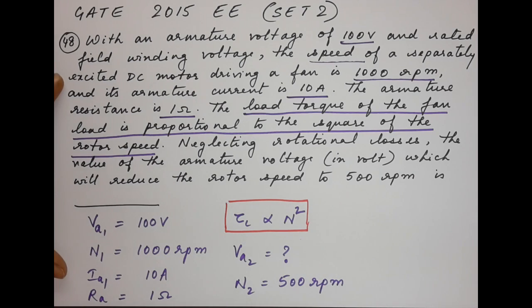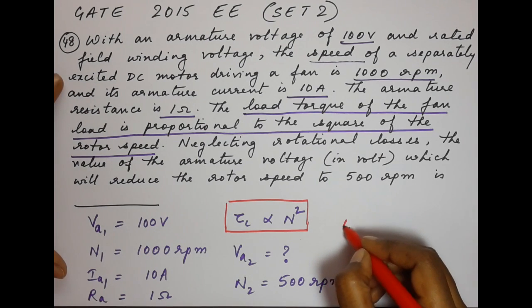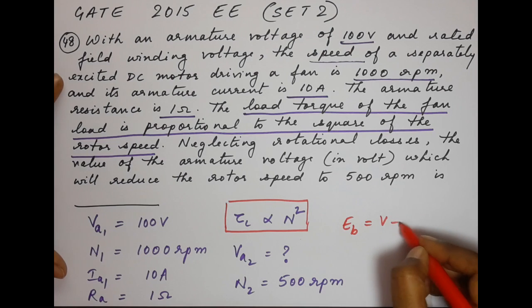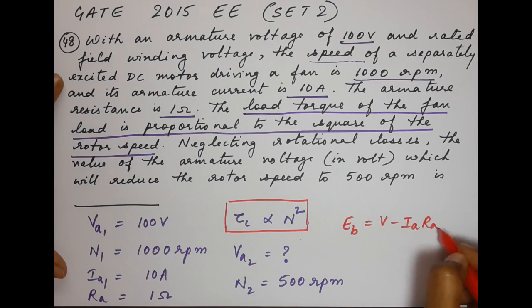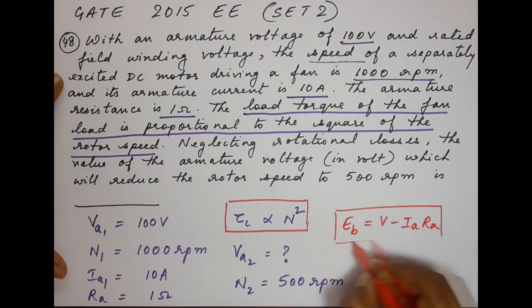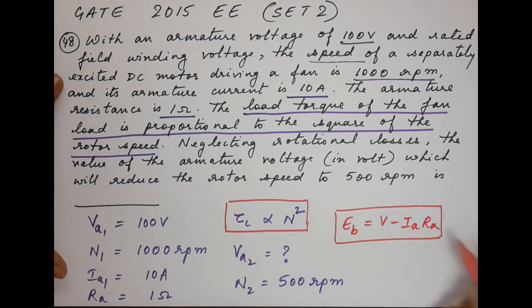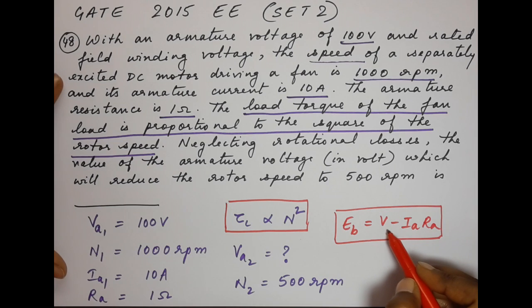Now since the question talks about a separately excited DC motor, a couple of basic relationships should come to your mind, one of which is EB equals V minus IA RA. I'm sure this is familiar to you. Back EMF is equal to V minus IA RA. Now here V is the armature voltage.